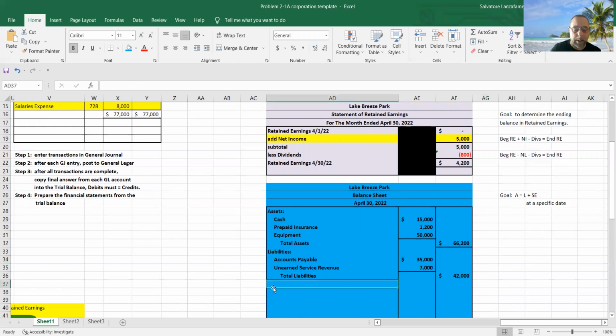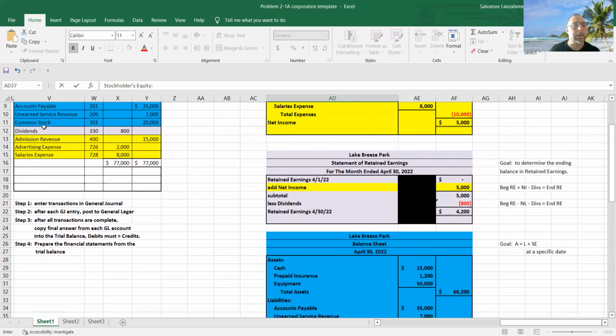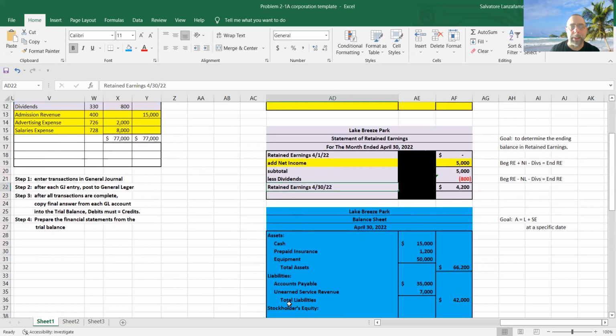So we've got one more category to go, which is stockholders' equity. Under stockholders' equity, we're going to put common stock and the answer from our retained earnings statement.